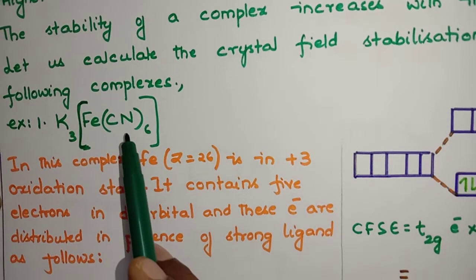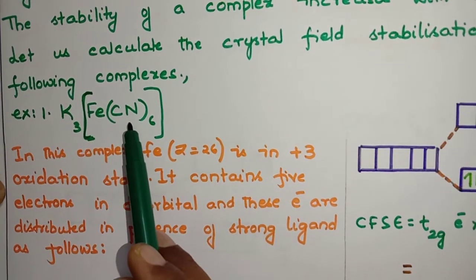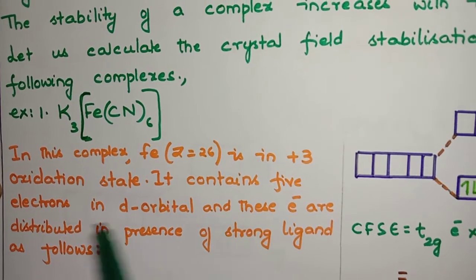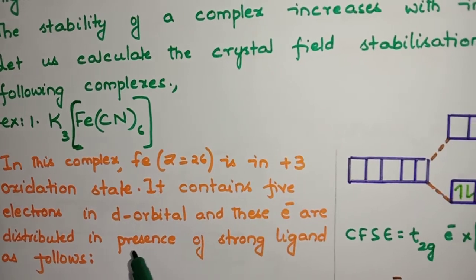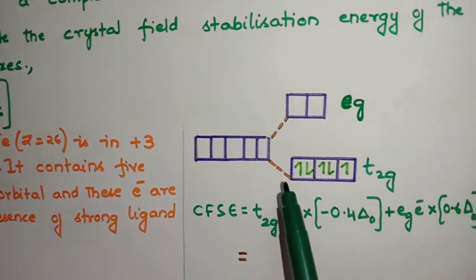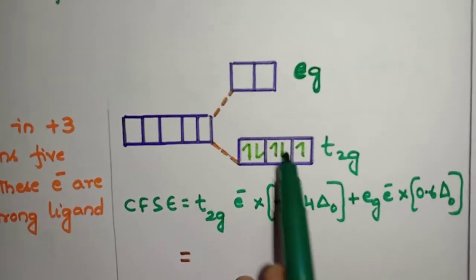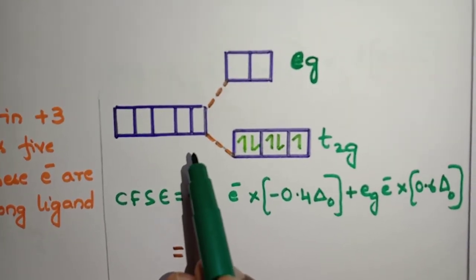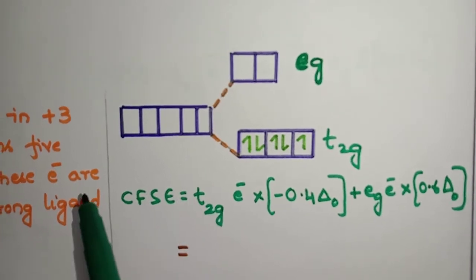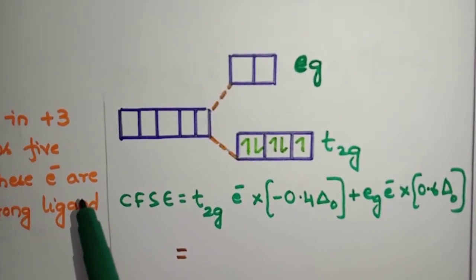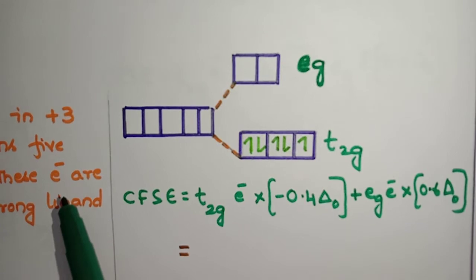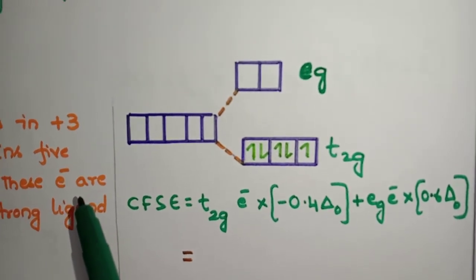Now, in the presence of a strong ligand, CN⁻, I have shown how the 5 electrons in the d orbital are distributed. The splitting of d orbitals into t2g and eg orbitals we have already learned, so I am not going to repeat it. How many electrons are there in the d orbital of Fe in the +3 oxidation state?